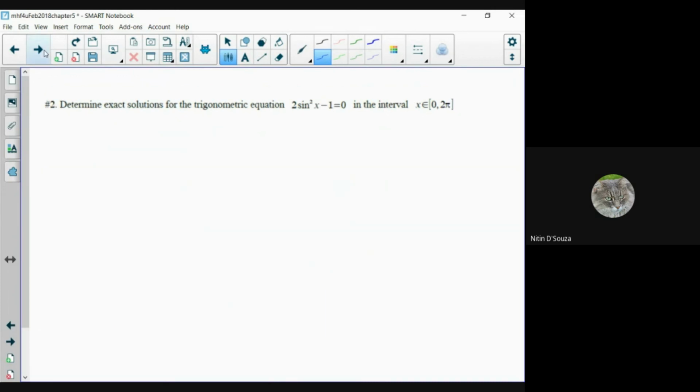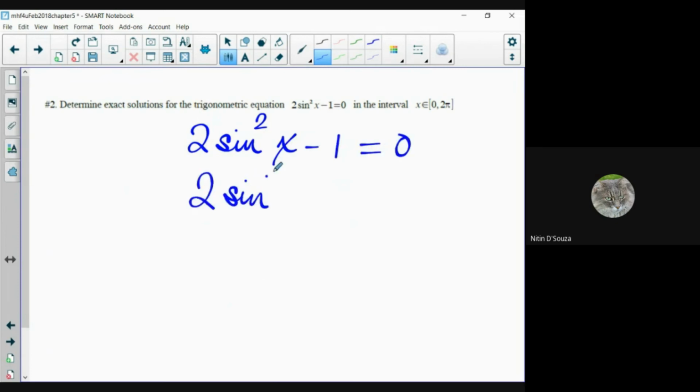All right. So this one is like the other one, but when you move the 1 over and divide by 2, some of you are going to lose marks on this, and I'm going to tell you why on the side so that you don't.